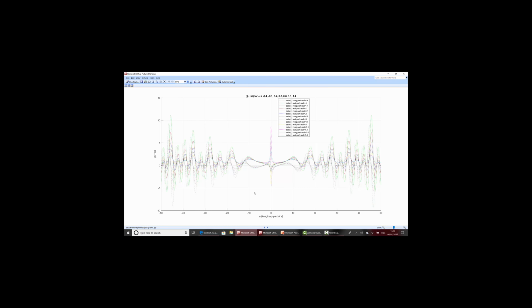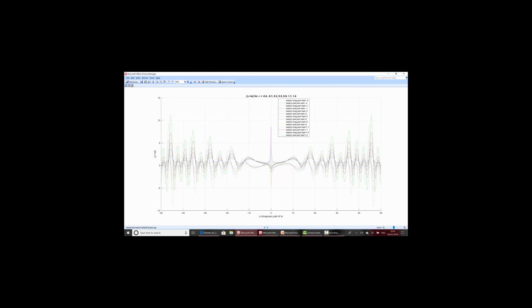Now, looking at this, which has been generated using the numerical application in MATLAB, the dashed lines are the real part of zeta of sigma plus ai. The dotted lines are the imaginary component of zeta of sigma plus ai, with the colours representing different real values of sigma, and the imaginary part of s being along the horizontal axis there.